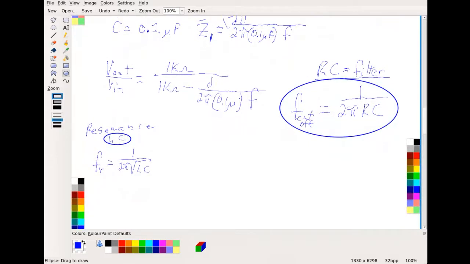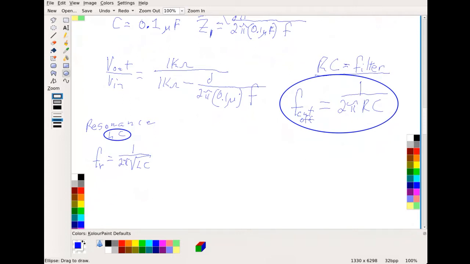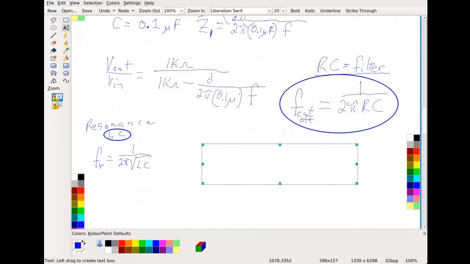Given the numbers that I gave you, the cutoff frequency is 1 over 2 times pi times the resistance, which is 1 e to the 3, times 0.1 e to the minus 6. That'll give us that cutoff frequency there.